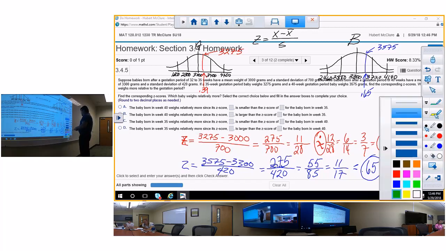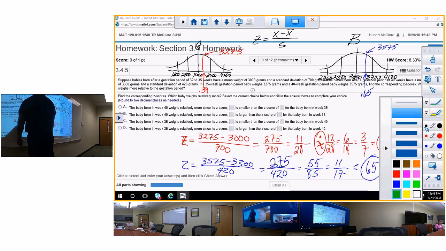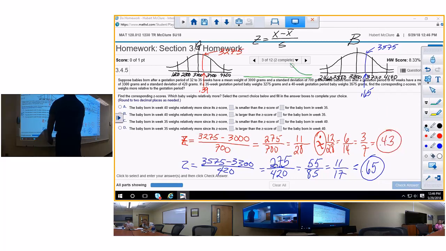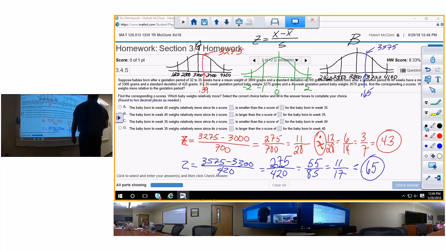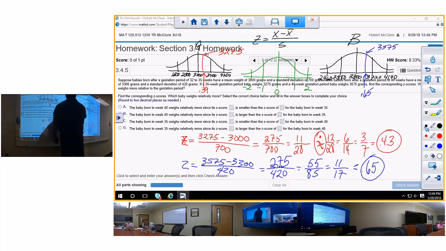Take a green marker. Draw a green curve, and this is going to be your z-curve, or your z-scale. And that's going to be 0, 1, 2, -1, -2. The blue mark is 0.65. It's out here. 0.65 is right there.